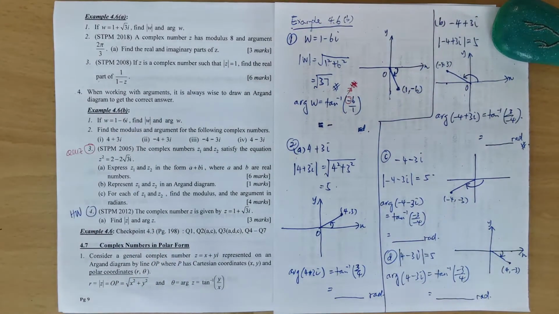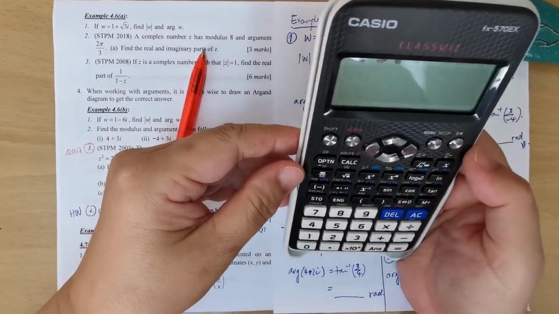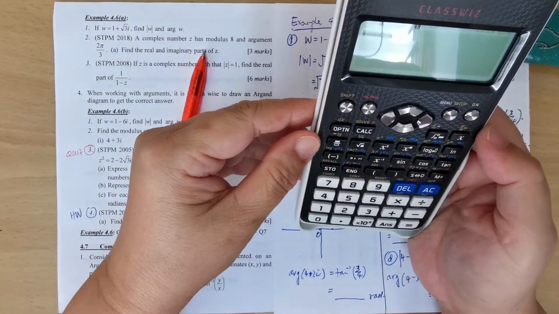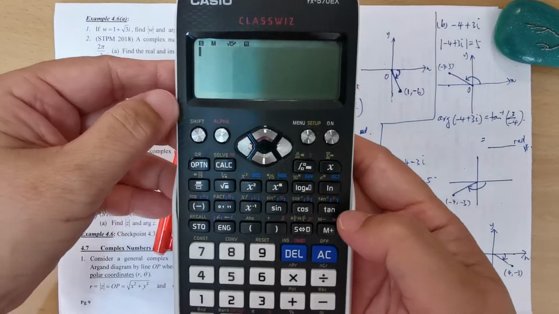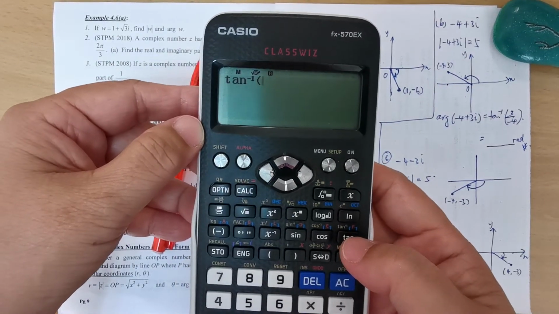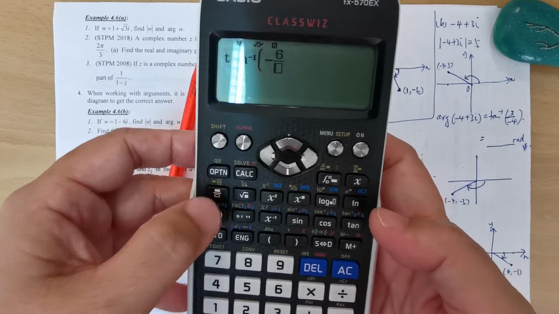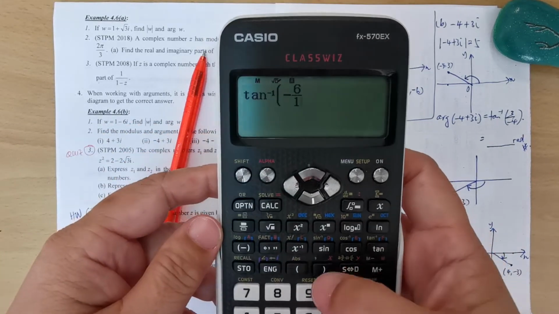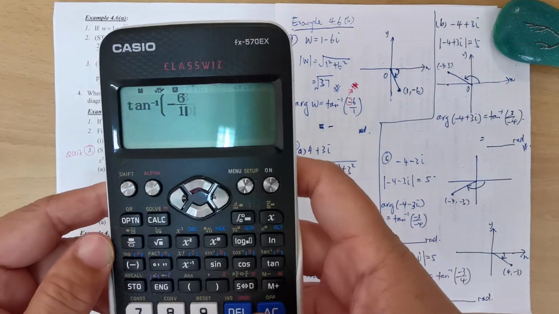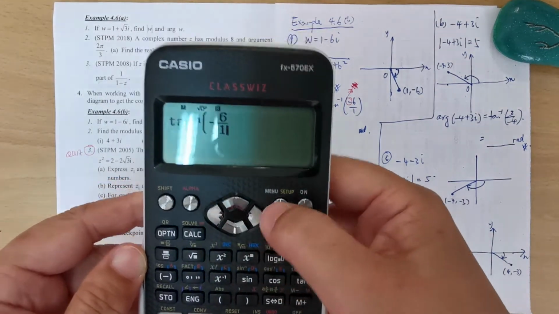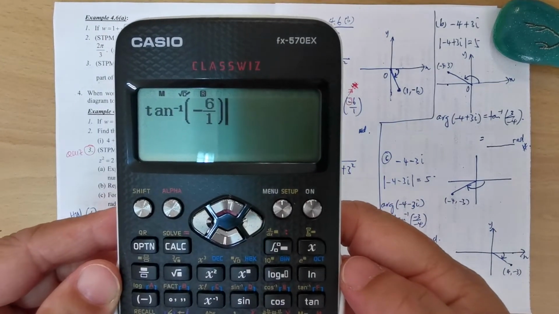Let's see, when you press the calculator. Where is arctangent? Here. If I press arctangent of negative 6 over positive 1, close the bracket, you see arctangent of negative 6.